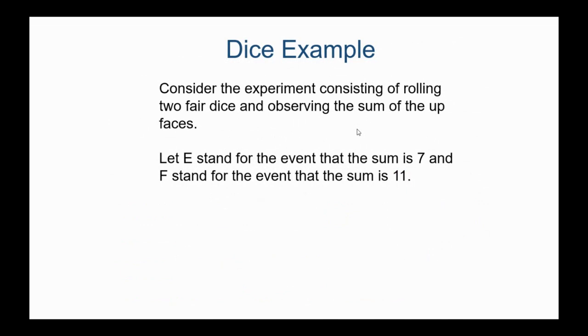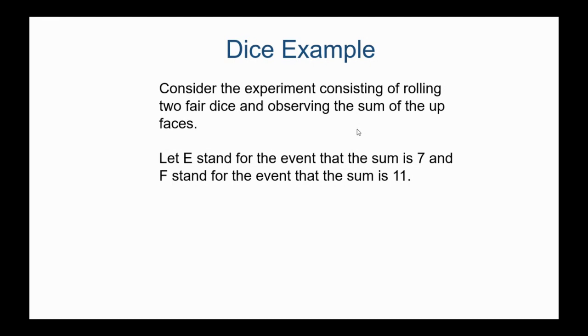What did we say the probability of E was on the previous page? Getting a sum of 7, what was that probability? 6 over 36. What about getting a sum of 11? 2 over 36. We'll go with 2 over 36 for now.